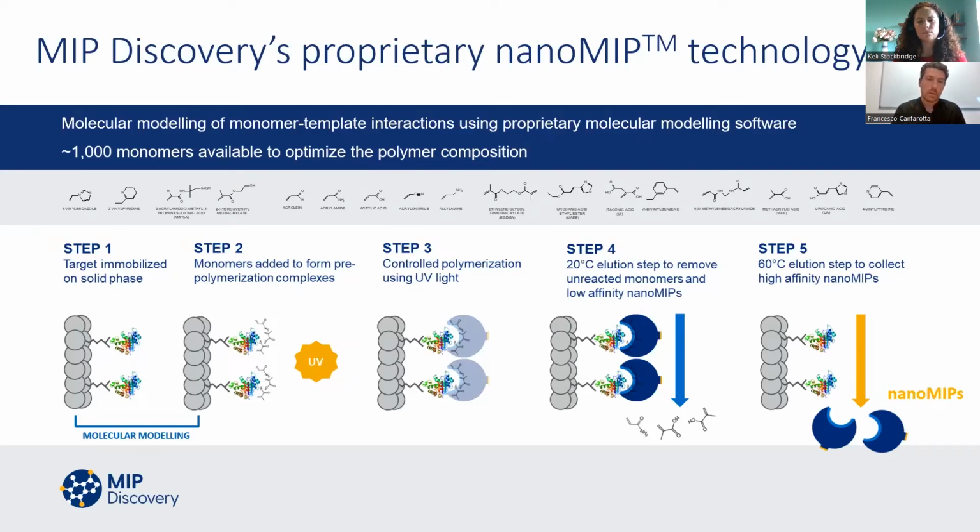This will allow us to not only save time, but also increase the chances of success in generating high affinity binders. If we think about the previous analogy between monomers and amino acids, whilst there are about 20 amino acids in nature, we've got several hundreds of monomers available, which means we have a much wider choice in building a high affinity binder.